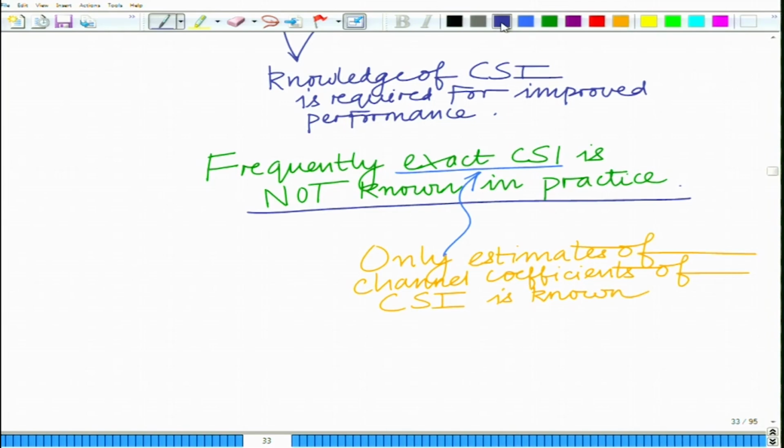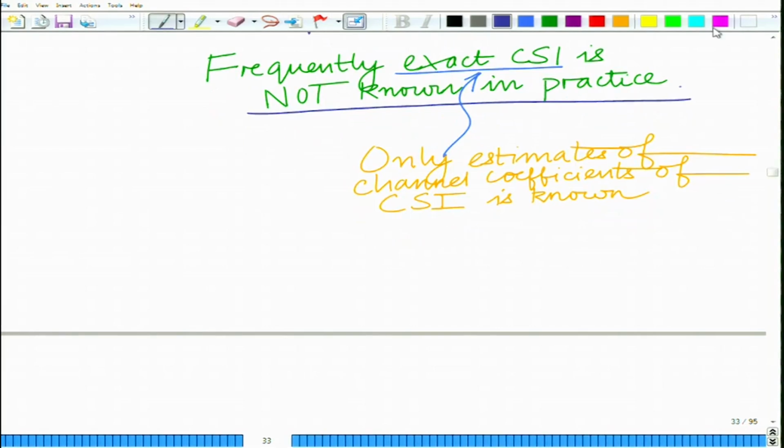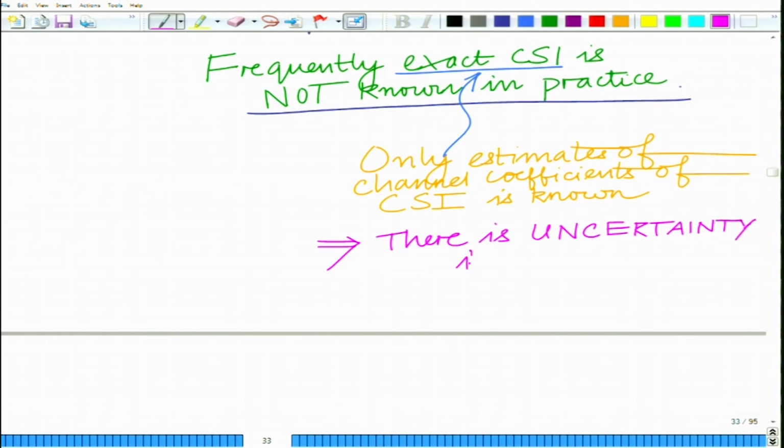This implies that there is uncertainty in the CSI, termed as CSI uncertainty. This uncertainty in the CSI arises from the estimation errors. There is uncertainty in the channel state information.